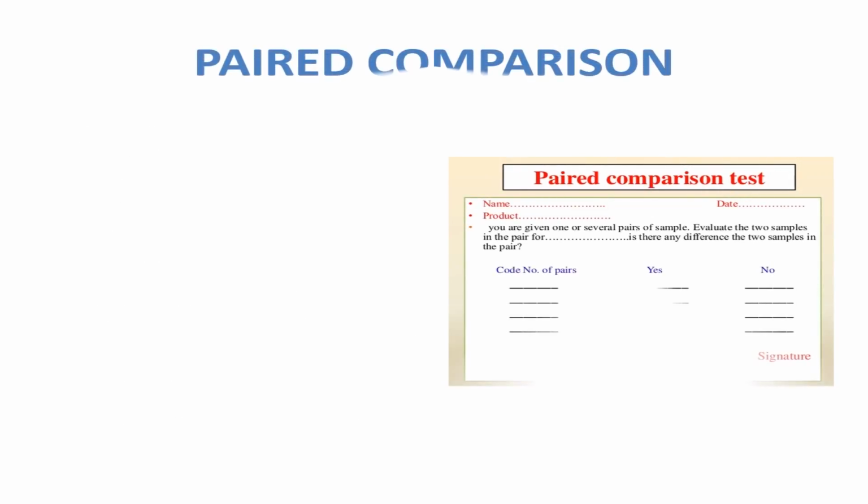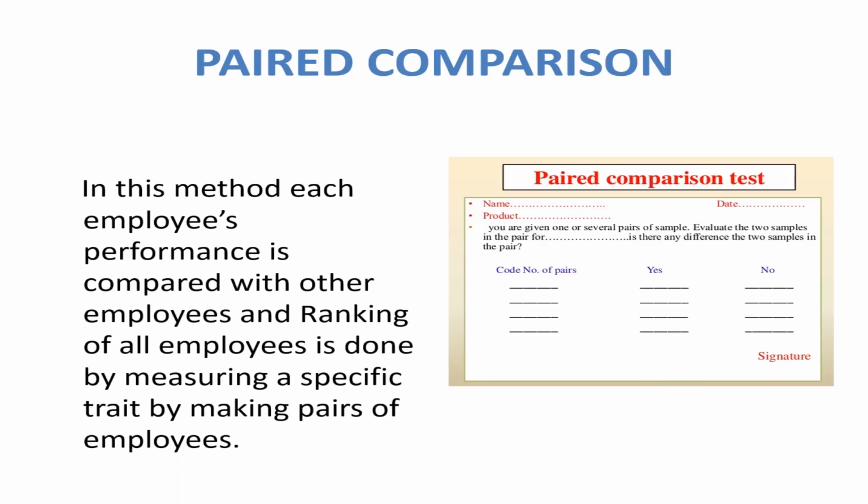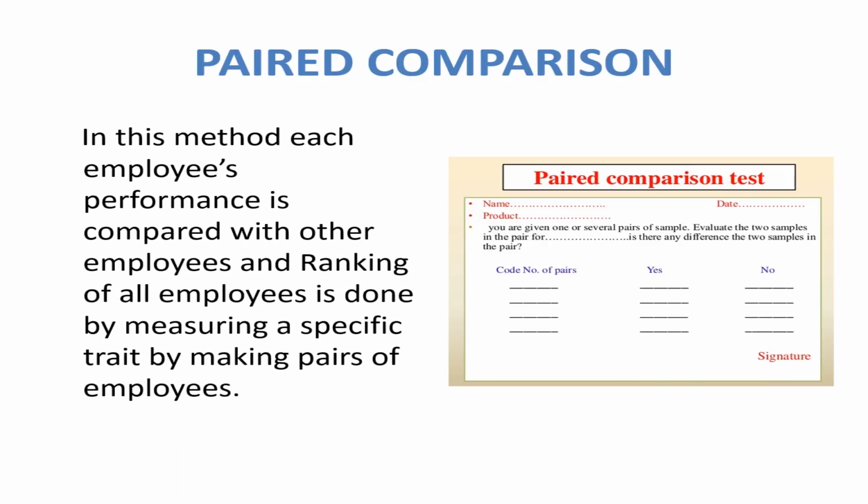Next is paired comparison. In this method, each employee's performance is compared with other employees, and ranking of all employees is done by measuring a specific trait by making pairs of employees.